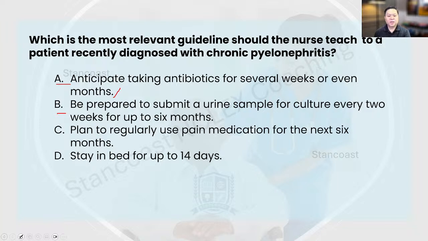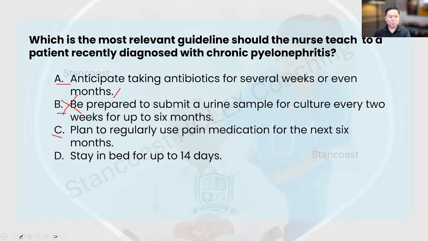The collection of the urine culture sample itself is going to be done at least 2 weeks after the completion of the antibiotic treatment. And this is to verify that the infection has cleared. It's not going to be every 2 weeks, but after 2 weeks, once the antibiotic has been completed. All right. Now for letter B, we are marking this as X.